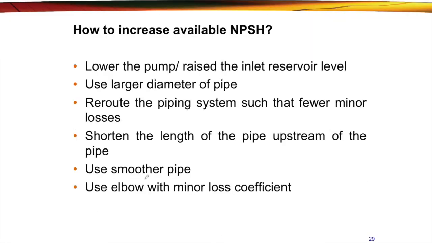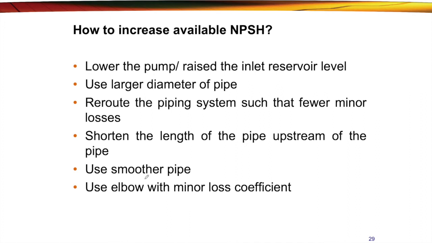So how to increase the available NPSH? This is from Bernoulli's equation. For example, lower the pump, raise the inlet reservoir level. When you raise the inlet reservoir level, what will happen to the elevation? The elevation will be reduced, then you will reduce the delta P value, and that delta P corresponds to this NPSH value.